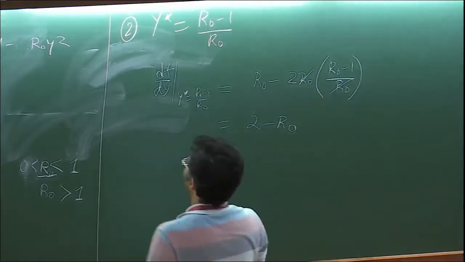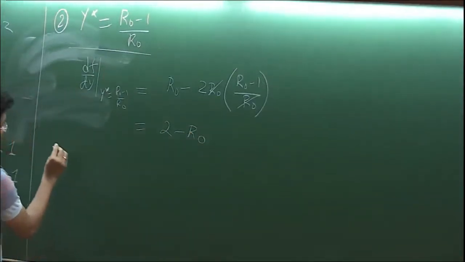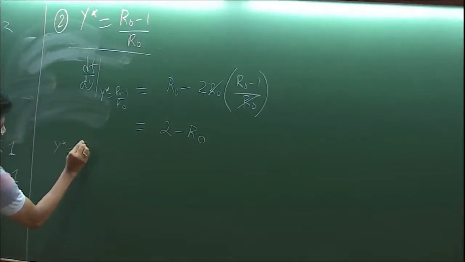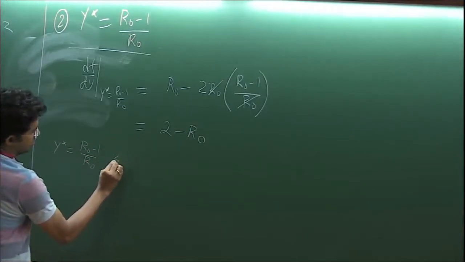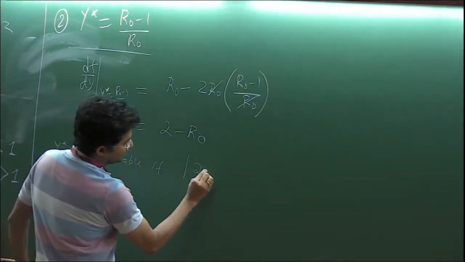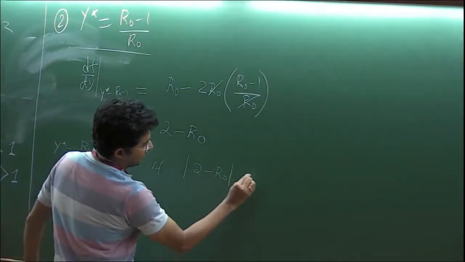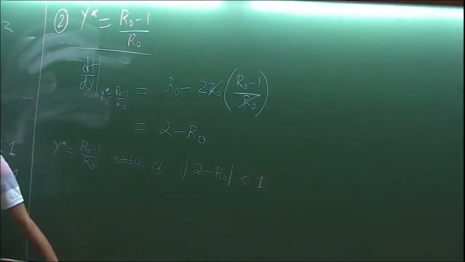Okay, so what is the condition for stability? This y star is stable if the modulus of 2 minus R0 is less than 1. Is that right?